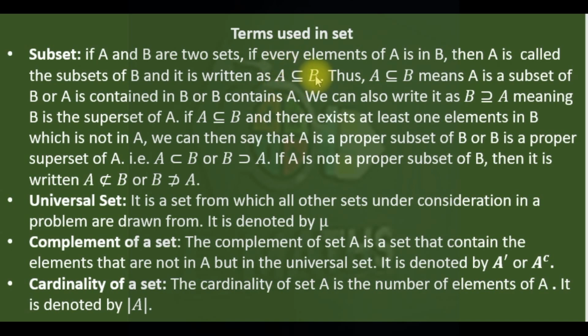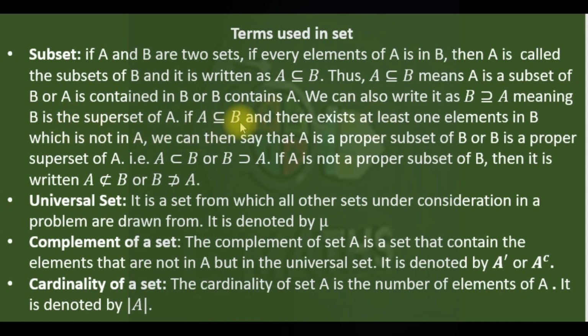Thus, A is a subset of B means A is contained in B, meaning that you can find the elements of A in B, or B contains A. We can also write it as B is a superset. The opposite of this sign is the superset. So B is the superset of A, means that B contains A.